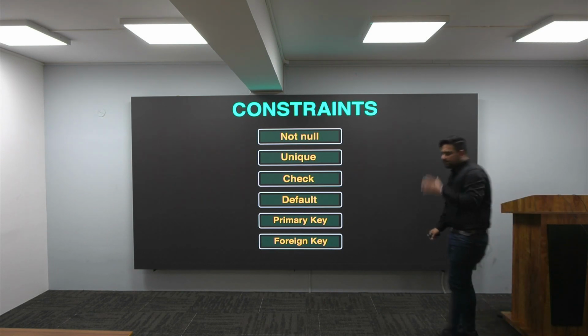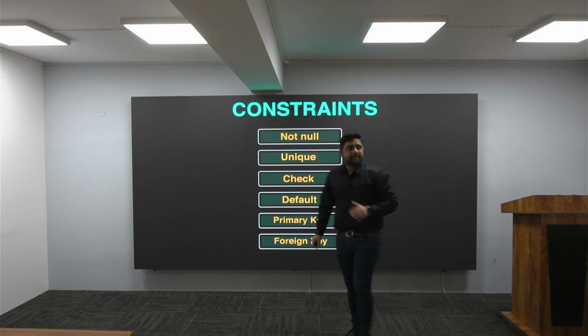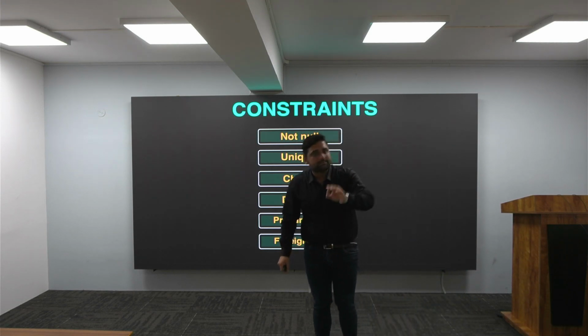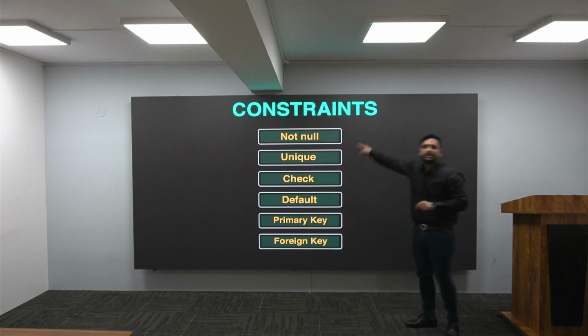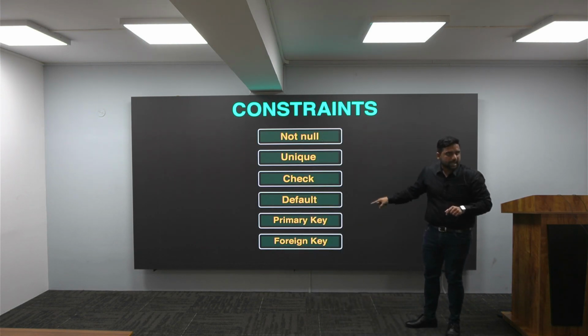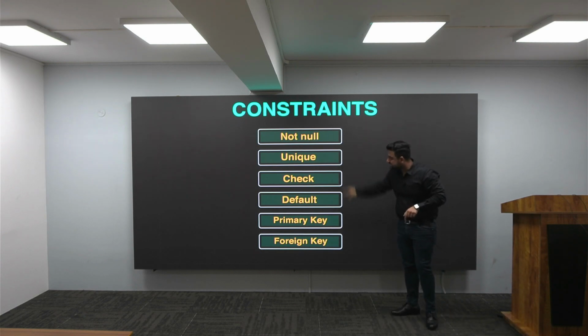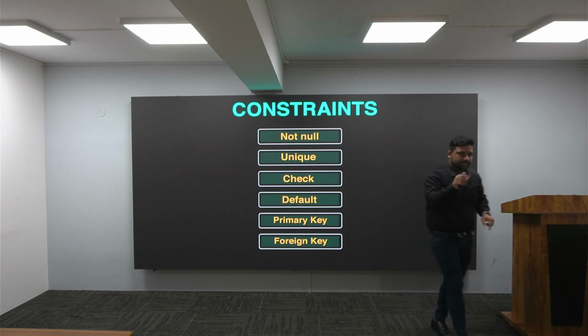Now in the list of constraints, one more constraint we have is your composite primary key. But I have not included it over here. This you will understand, why I have not included it. And this is your standard list of constraints. Did you understand?